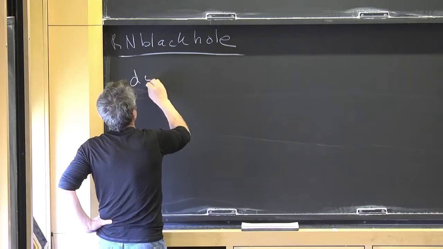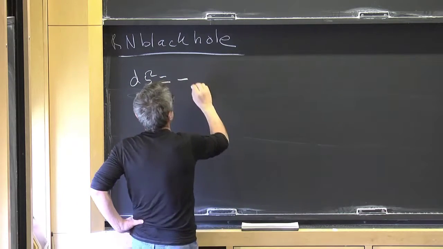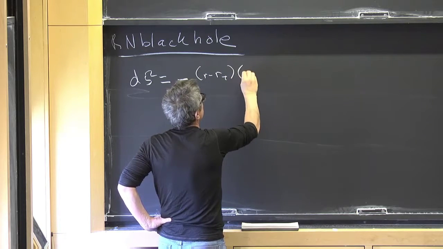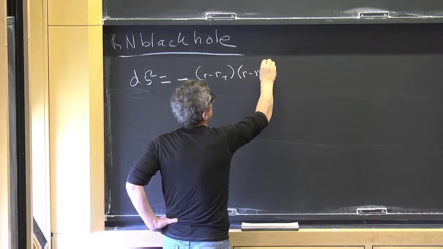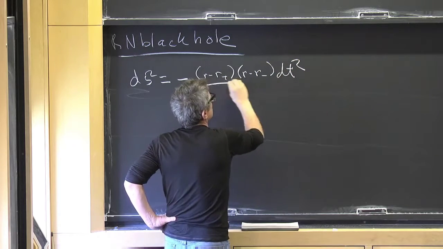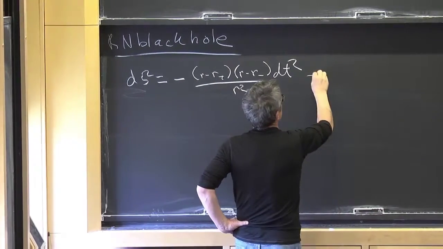And in the standard coordinate system, we can write that as: (r minus r plus) in the prefactor of dt squared goes to 0 at the inner and outer horizons, r plus and r minus.